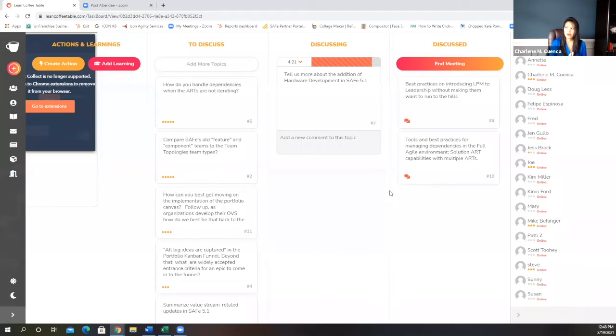So we've talked before, in previous versions of SAFe, about leveraging model-based systems engineering and the concepts around modeling things, and being able to identify how we can incrementally develop and deliver value on things that are very hardware centric.